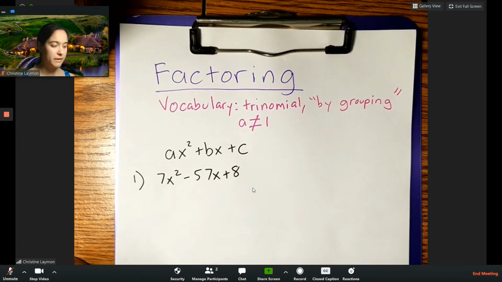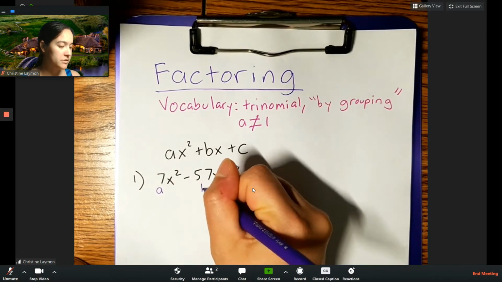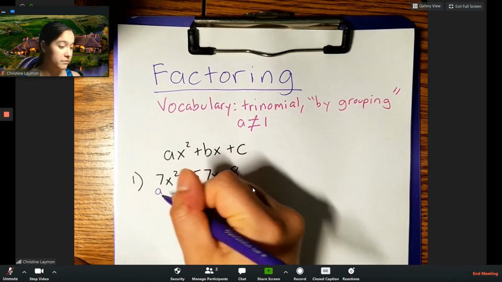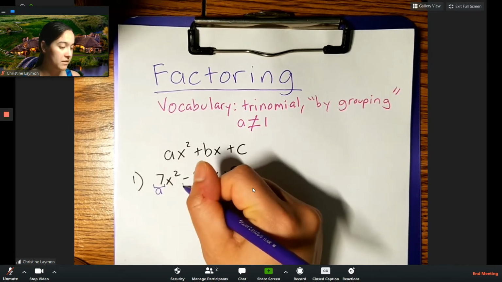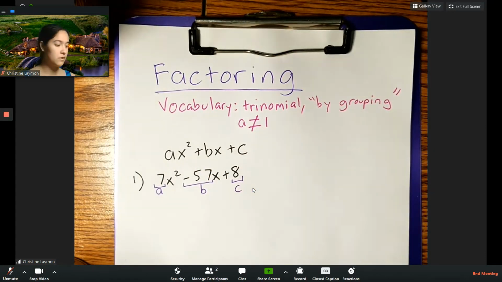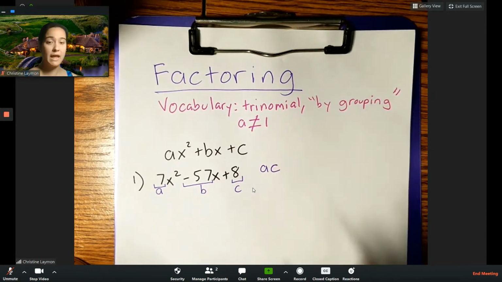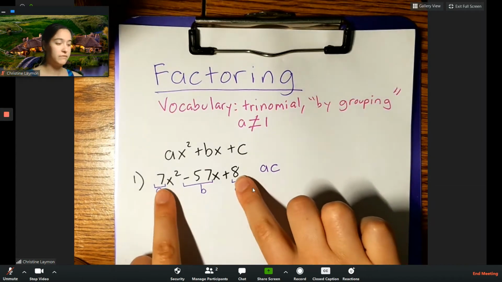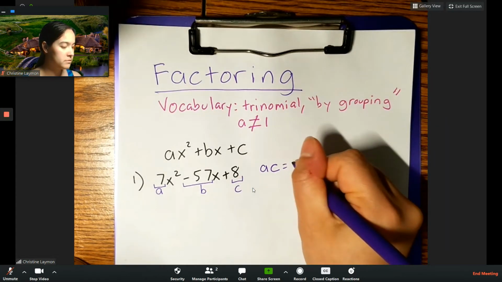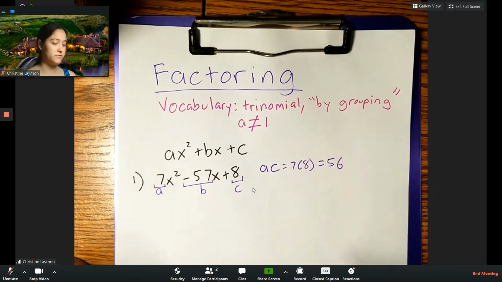Over here, let me make a little note that this is a, this is b, including the negative sign, and this is c. So I'm going to do a times c: 7 times 8, and that gets me 56.